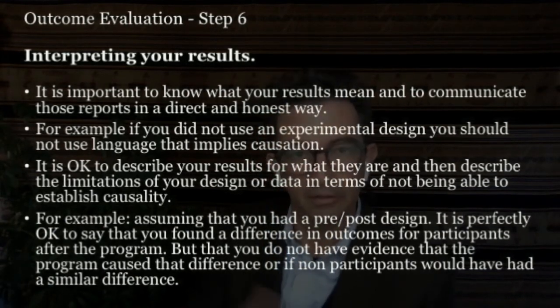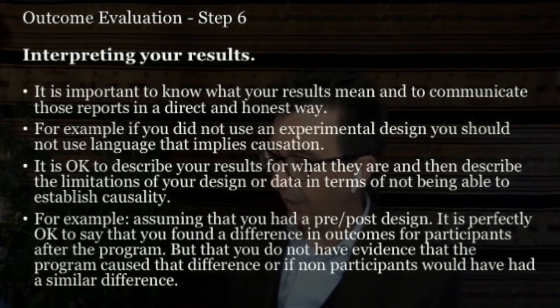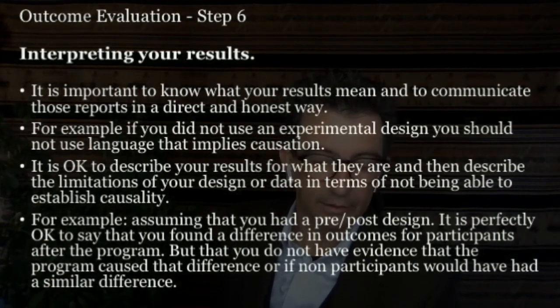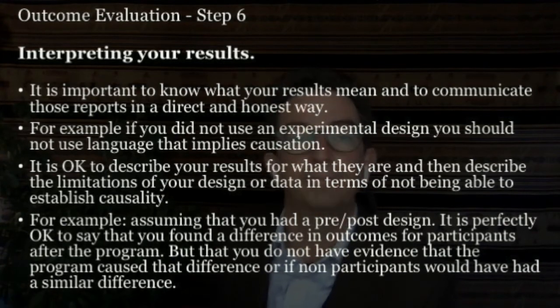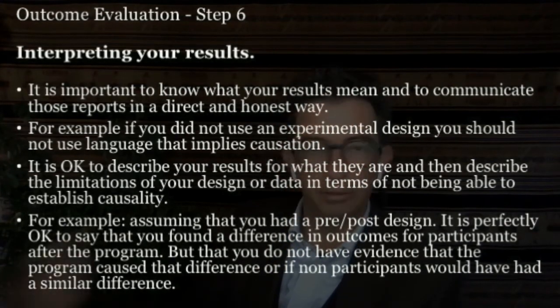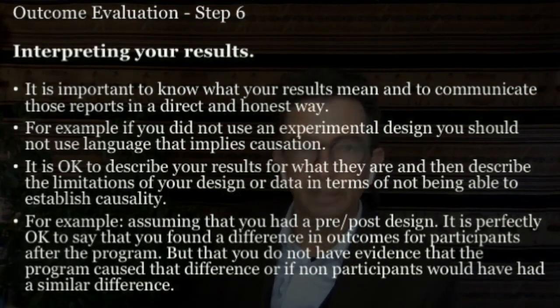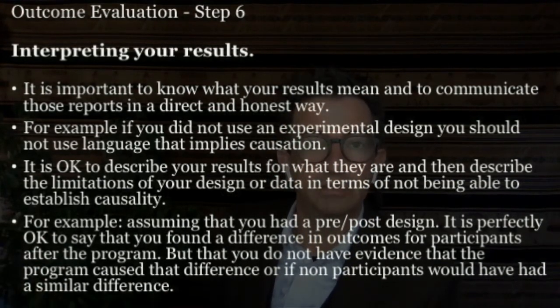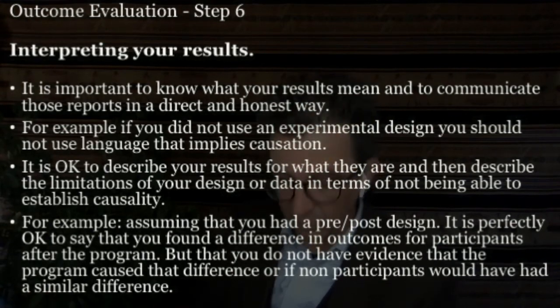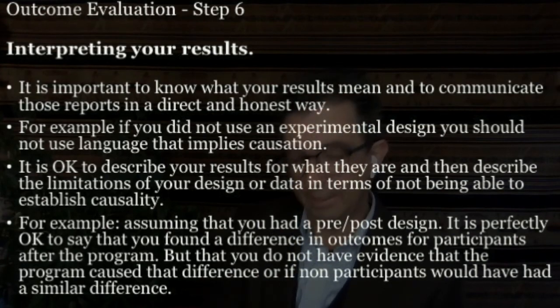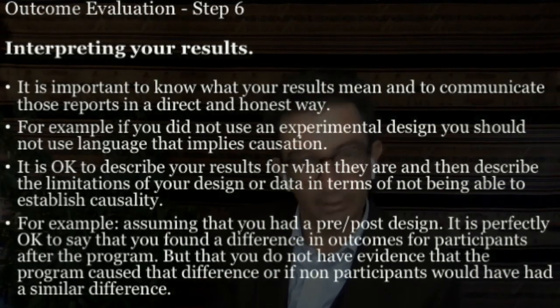So it's okay to give your results and give the shortcomings of your design, right? State that we couldn't implement a randomized controlled trial, we did this design, and this is the problem with this design. And the reader is going to interpret that, but it has to be stated clearly and explicitly, right?